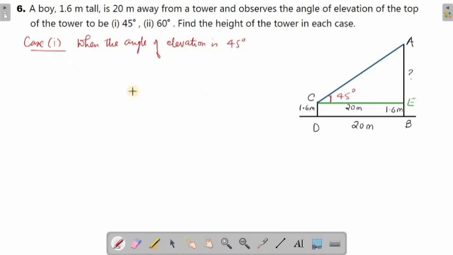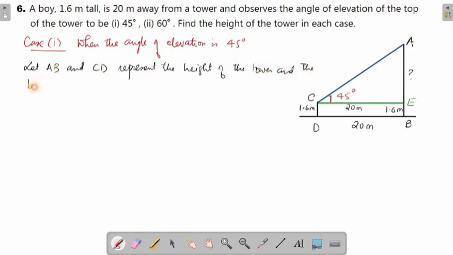Let me quickly write down what are the things that are available here. Let AB and CD represent the height of the tower and the boy respectively.